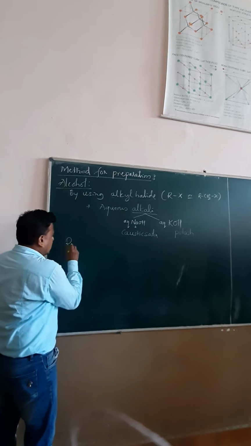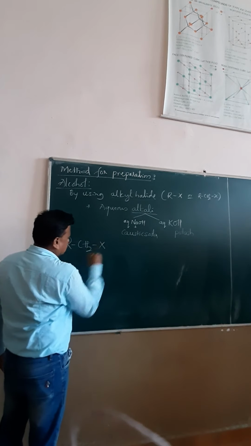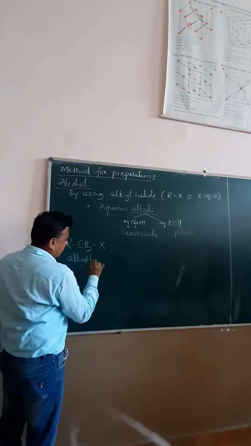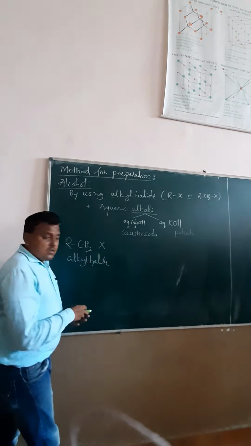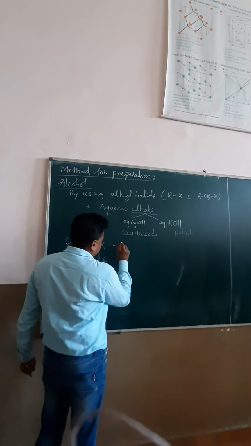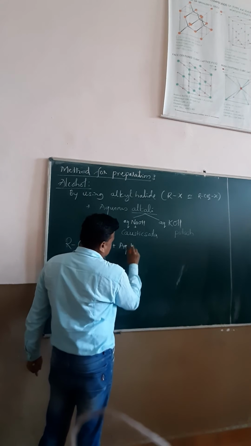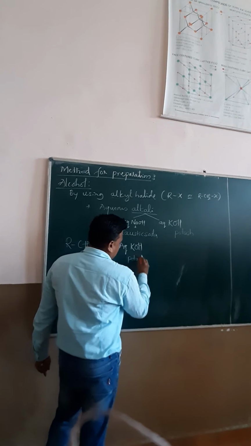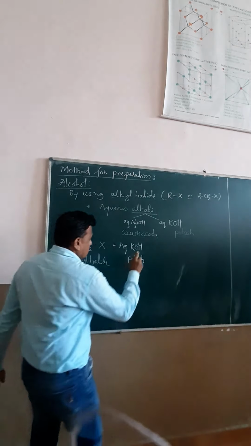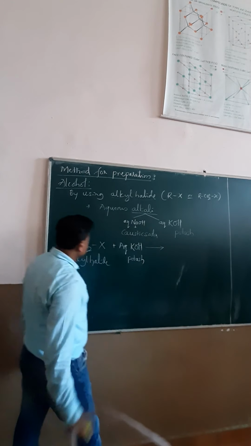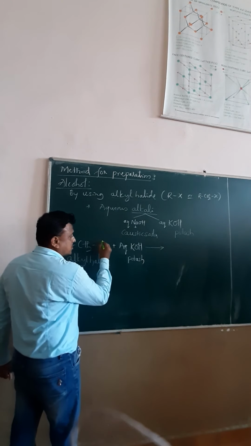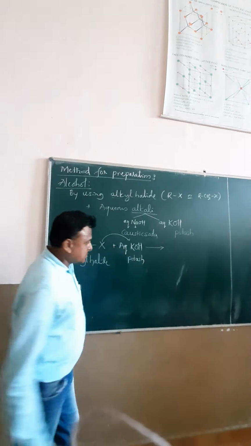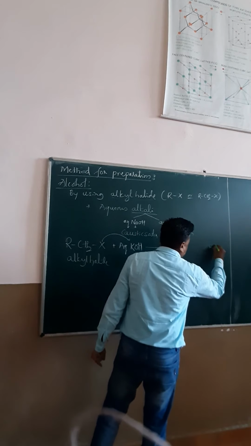When an alkyl halide, RCH2X, reacts with aqueous KOH, called potash, the halogen is removed by the K, because of electronegative and electropositive character, to form the product KX.